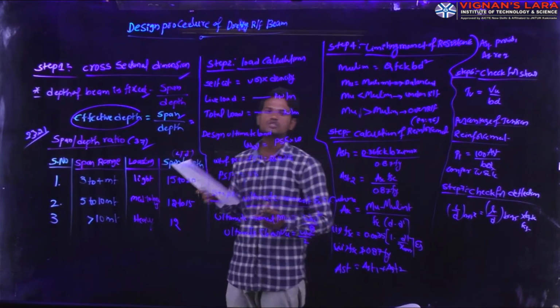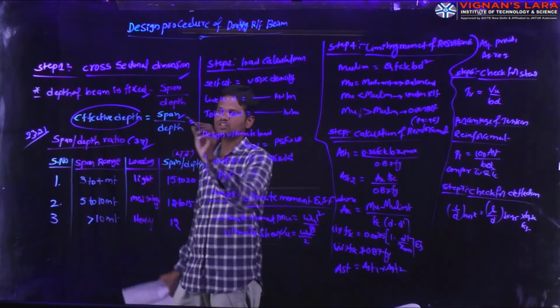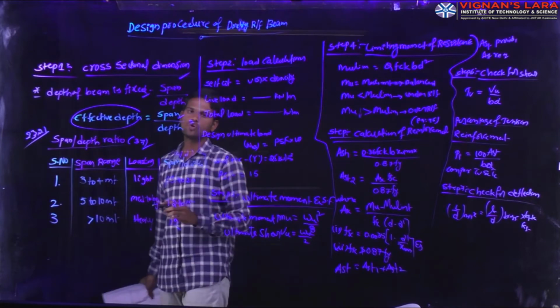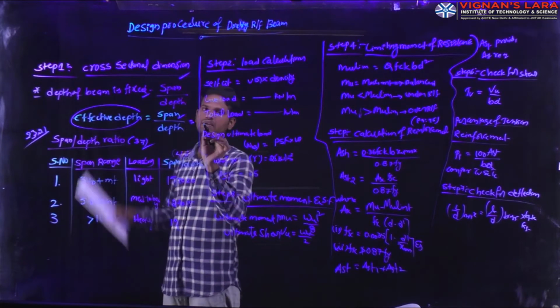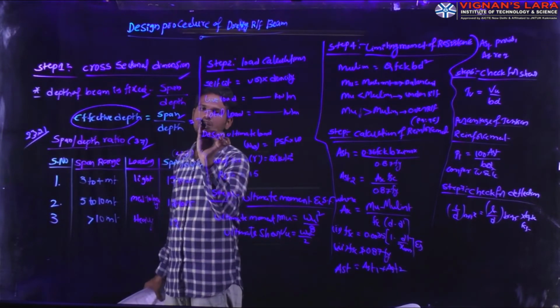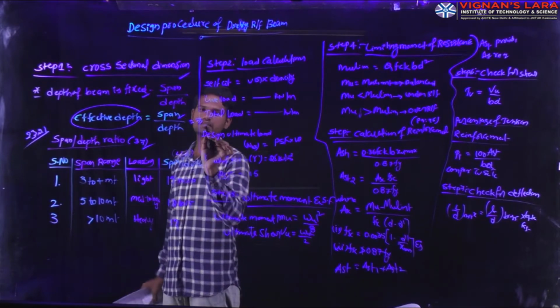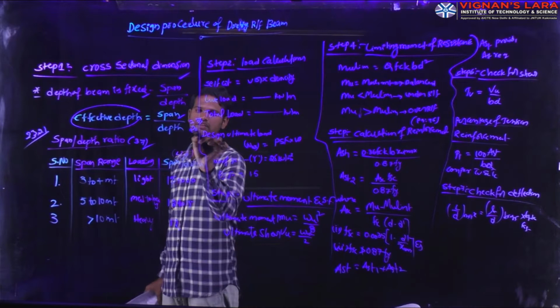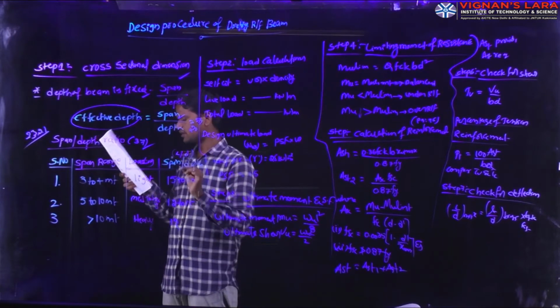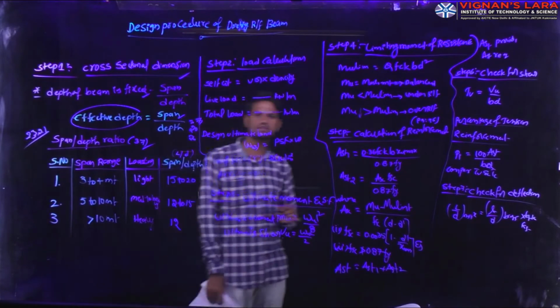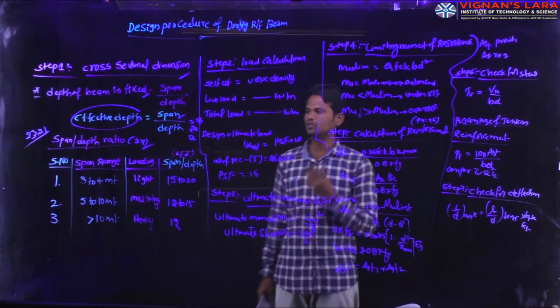For a continuous beam, we have to take the span to depth ratio from the IS 456 code book as 26. Suppose the beam is given as a cantilever beam, in those conditions we take 7. If given as simply supported, we take 20. If given as a continuous beam, we take 26.